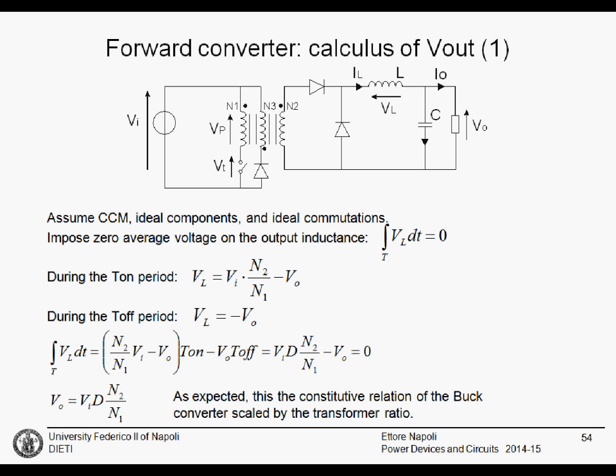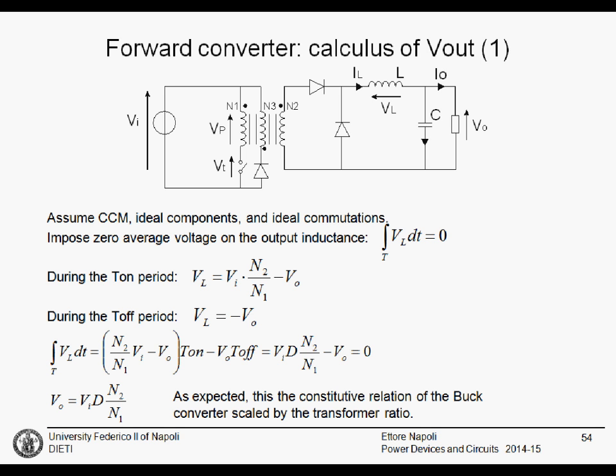We will assume a continuous current mode, that is the current in the output inductor is never zero. We will assume ideal components, that is the on-state voltage drop for the switch and the diodes is zero, and ideal commutations, that is switching time zero.